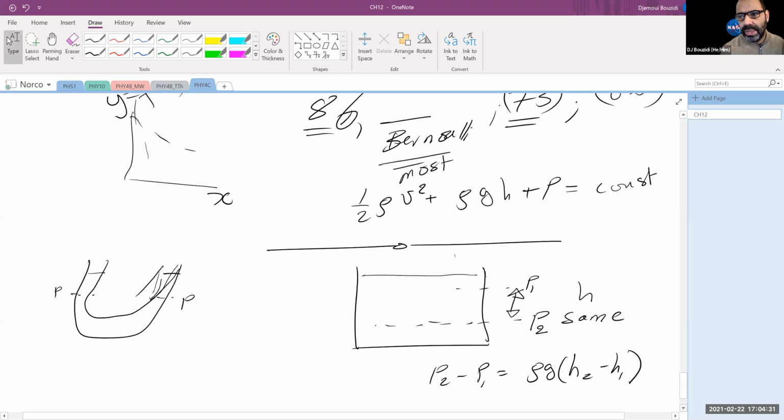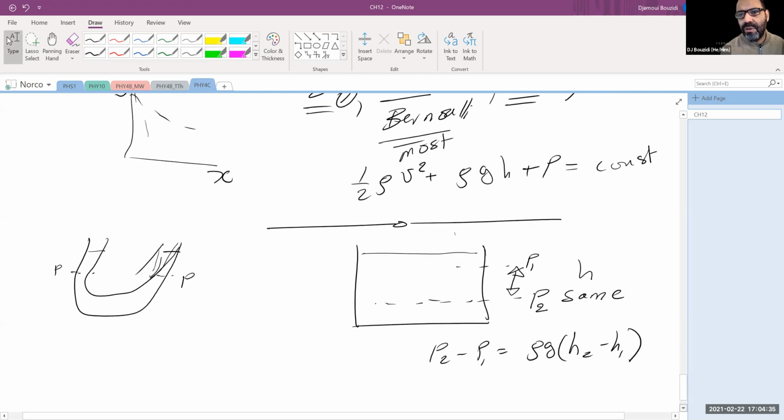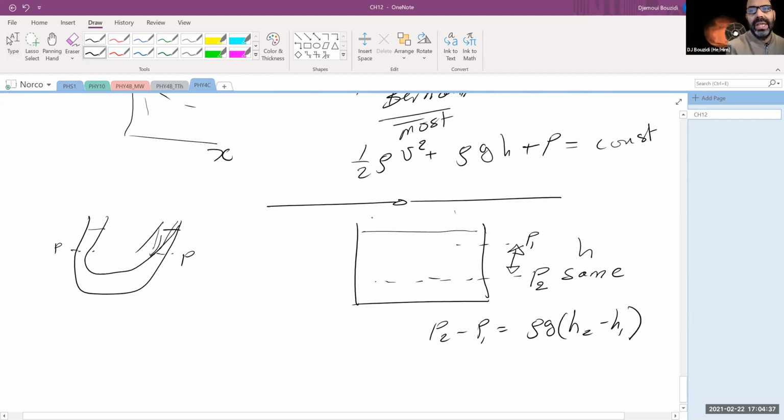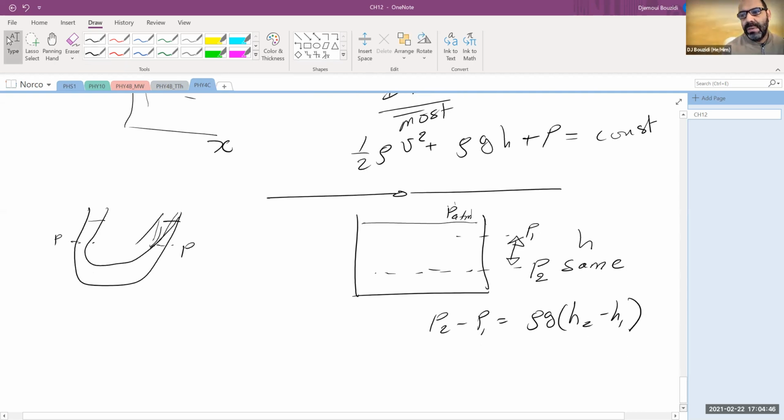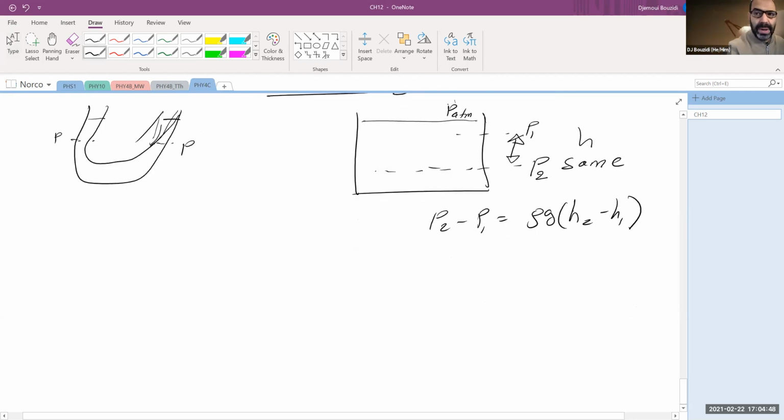In particular, we took the case when we are referencing the distances from the level of the fluid, this point in here, where we know, for example, on Earth, we have the atmospheric pressure. So if h represents how deep we are in the fluid, then the pressure at any depth is going to be the atmospheric pressure plus rho times g times h, where this rho is the density of the fluid.